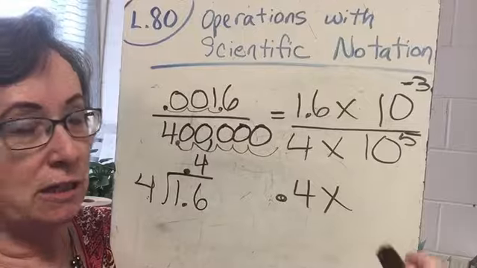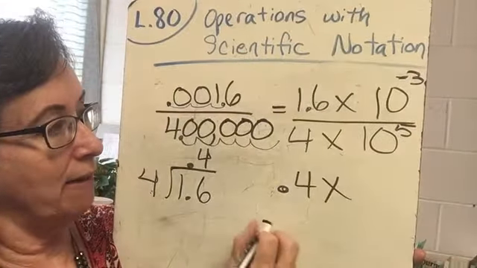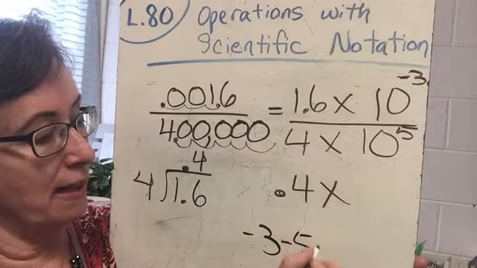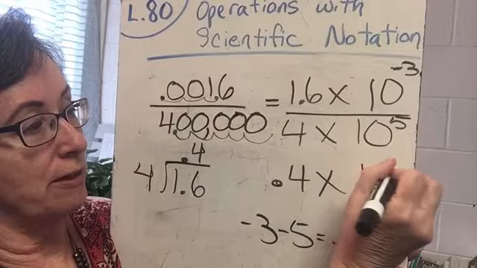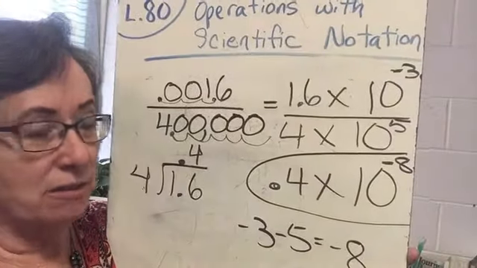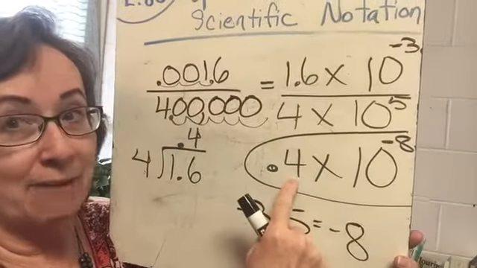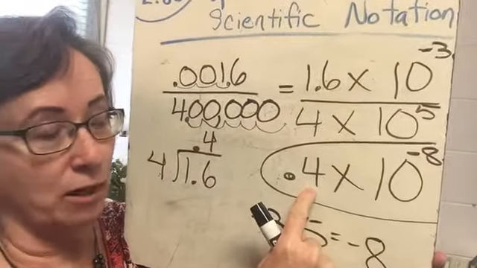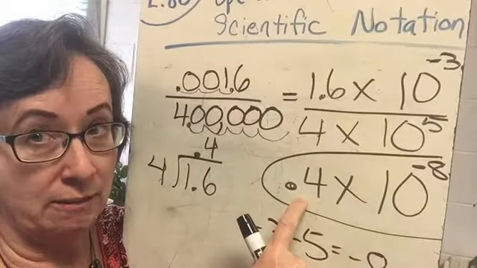So division of like bases, I subtract the exponents. So what is negative 3 minus 5? That's a negative 8, isn't it? So we're going to have 10 to the negative 8. Now we look at this. Is that our final answer, or is that not in scientific notation? Look at this. I have a 0.4 instead of a 4. This number should always be greater than or equal to 1, right?